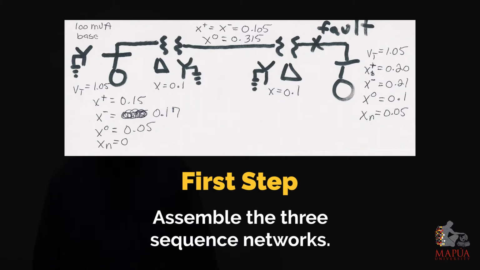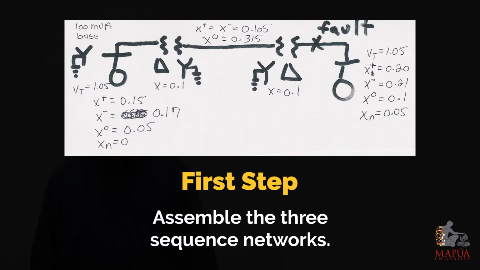The components are the following: the generators at the left-hand side and at the right-hand side. Of course, we have the transformers both at the left-hand side and at the right-hand side, and the transmission line that connects these two parts of the system. And there is a fault located at the Y-grounded delta just after the transformer.